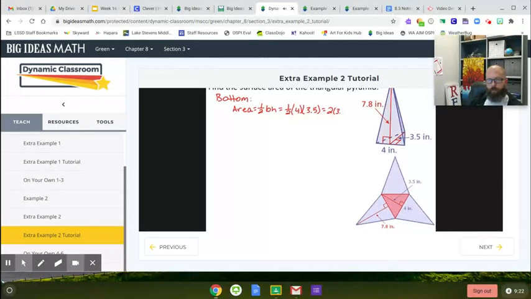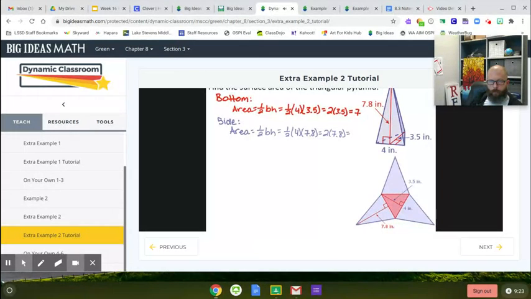You can see from the net that the base of a side is 4, and the height of a side is 7 8/10. So the area is 1/2 times 4 times 7 8/10, which equals 2 times 7 8/10, or 15 6/10. All 3 sides have the same dimensions, so all 3 sides have an area of 15 6/10.